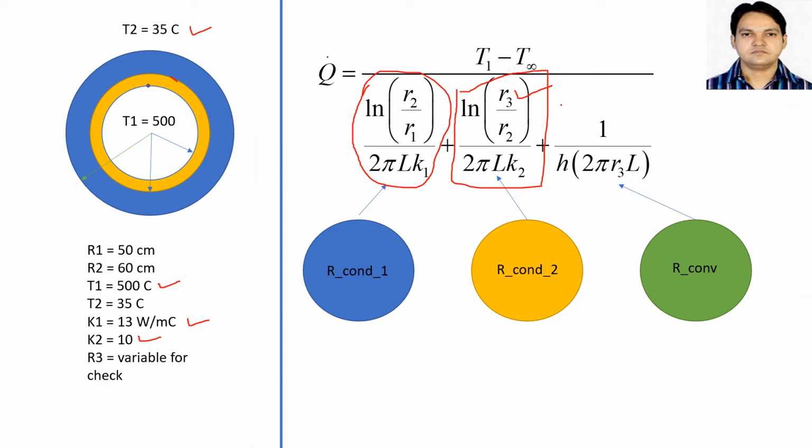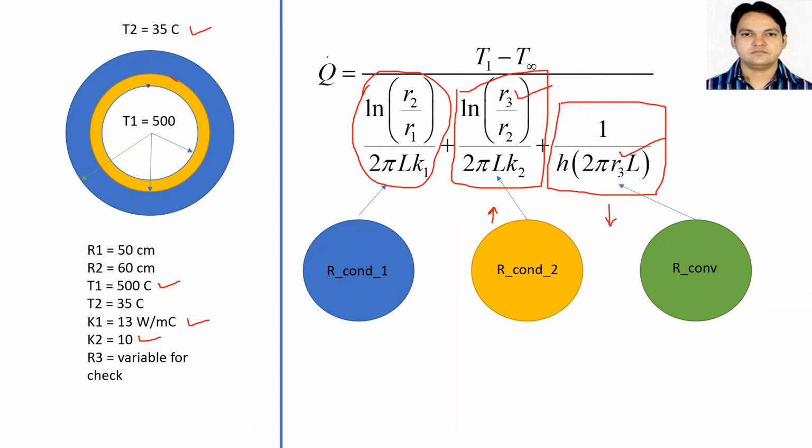But when you check the convection resistance, it works in an inverse way. When your R3 increases, your conduction resistance is increasing, but your convection resistance is decreasing. So this will increase, this will decrease. We want to check the net effect. What is the percentage increment here? What is the percentage decrement here?